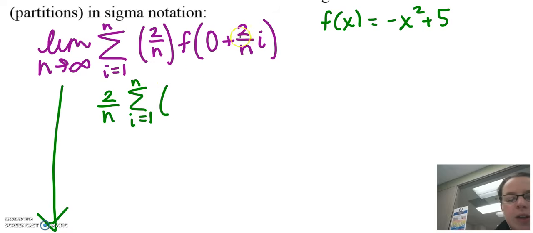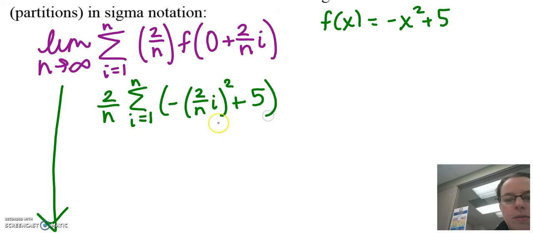So that means f of 0 plus 2 over n i is going to be negative 2 over n i squared plus 5. So this is really, the 0 doesn't do anything to impact it, right? So I'm taking 2 over n i and plugging it in for x.